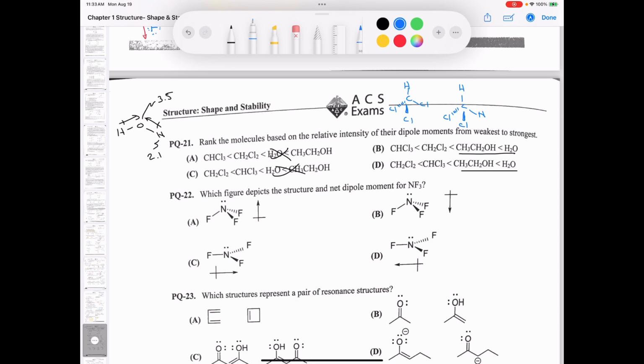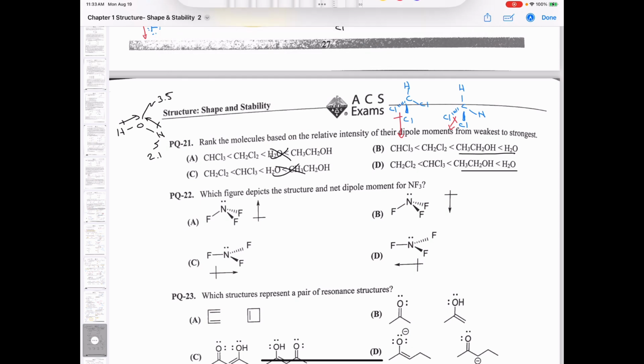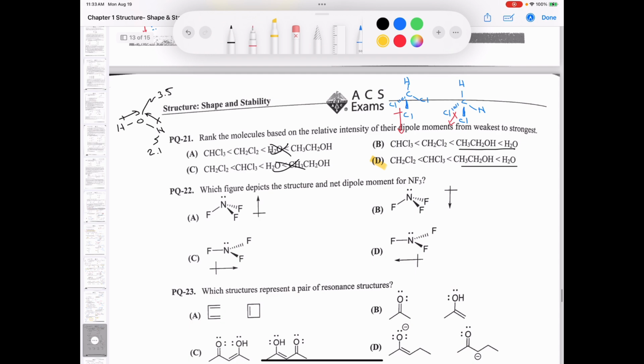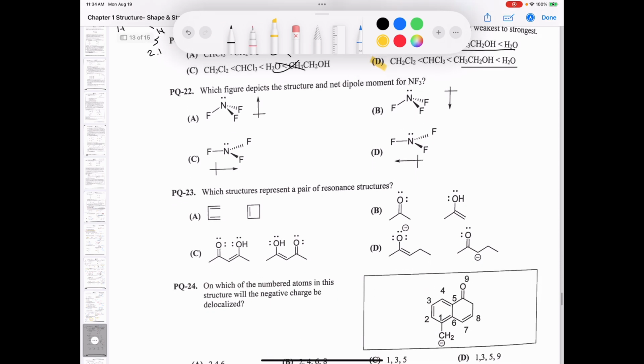And so since the chloroform has 3 chlorines, it's going to have a stronger dipole than the dichloromethane, which only has 2 chlorines pulling in that direction. So that would give us D as our answer. So we'll highlight D for that one. Not a huge fan of that question, but it still stands.